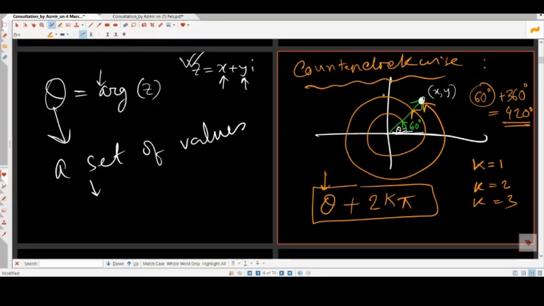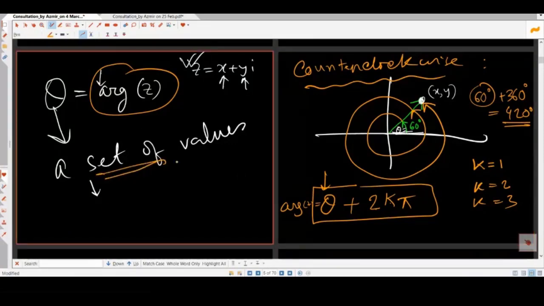That means you can easily understand that the argument that we see here, argument of z, is not unique. It can take multiple values. It can take a set of values. So we can go up to forever, and we will get the same point.